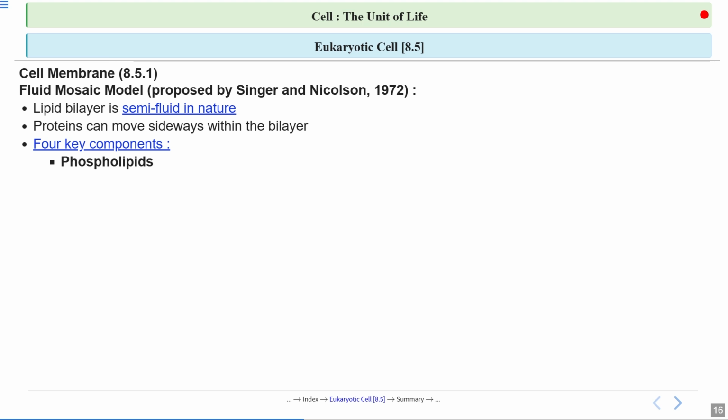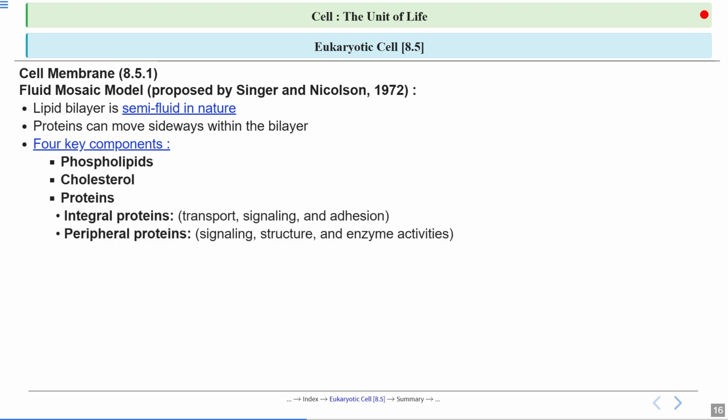Now, what are the key components of the plasma membrane? First is phospholipid, second is cholesterol, third is proteins. We have talked about the phospholipids. They consist of a polar head and a hydrophobic tail. Let's talk about the proteins. There are two kinds of protein, integral and peripheral proteins. Integral proteins help in transport, signaling, and adhesion.